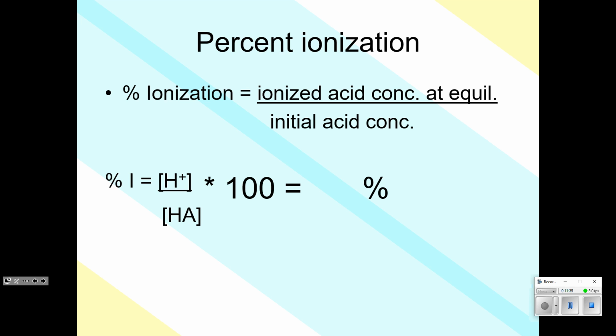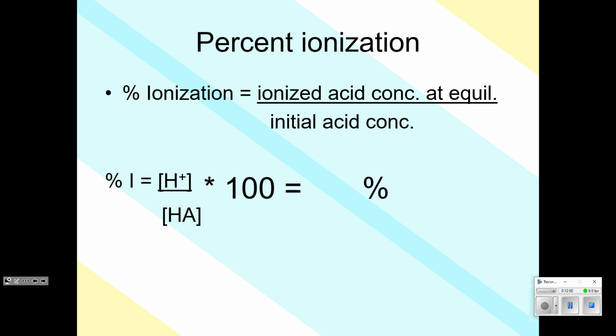So if we have the concentration of the H plus and the concentration initially of the HA, we can figure this out. Now let's think about this mathematically. What if I don't? Well, just like on the WebAssign last time, if I gave you the pH, you can know the H plus concentration. Quite frankly, if we gave you the K value and the initial molarity, you can calculate the H plus concentration.